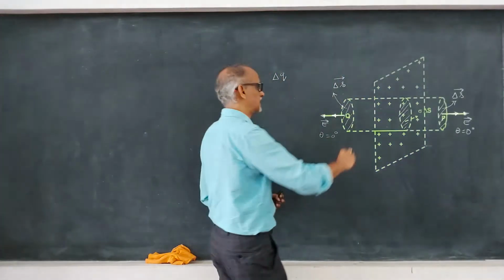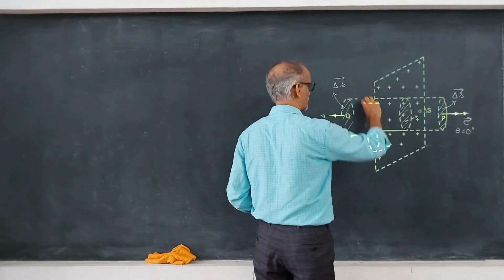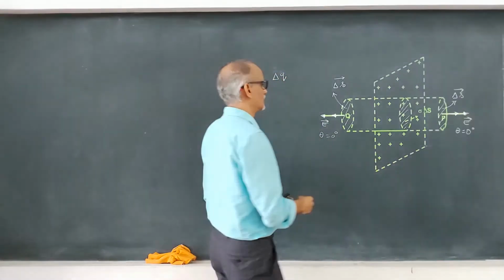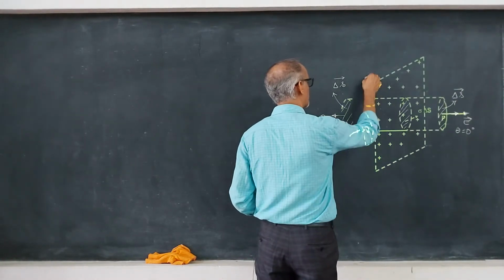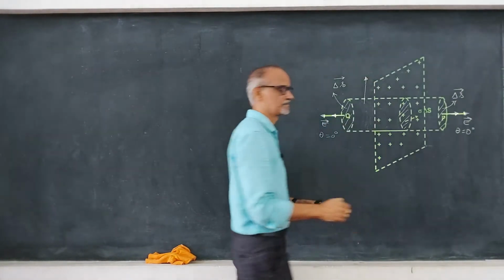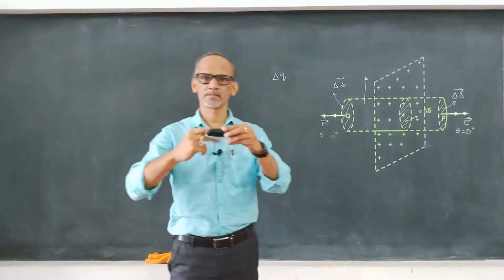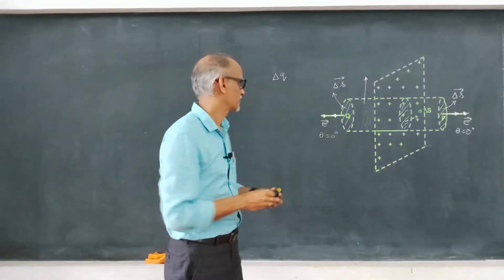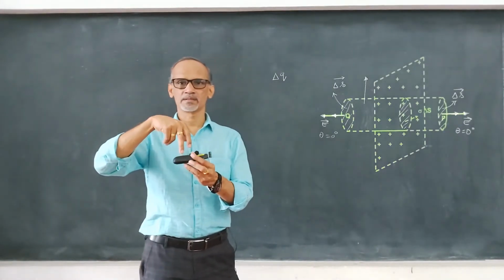Now how about the lateral surface? If you consider the lateral surface, the area vector will be perpendicular to it, like this, in all directions, perpendicular to the surface.